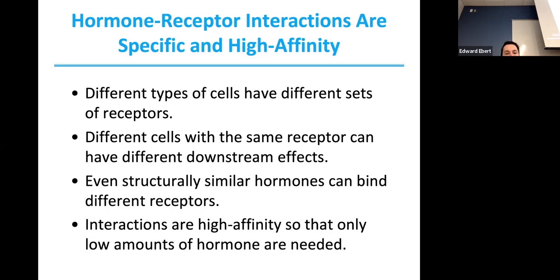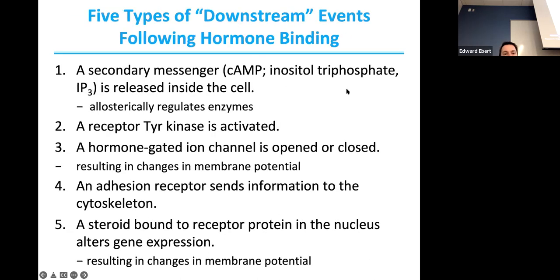We can also have isoforms of the receptors, so even structurally similar hormones can bind to different receptors because they are so specific. The interactions are very high affinity, so only low amounts are needed.